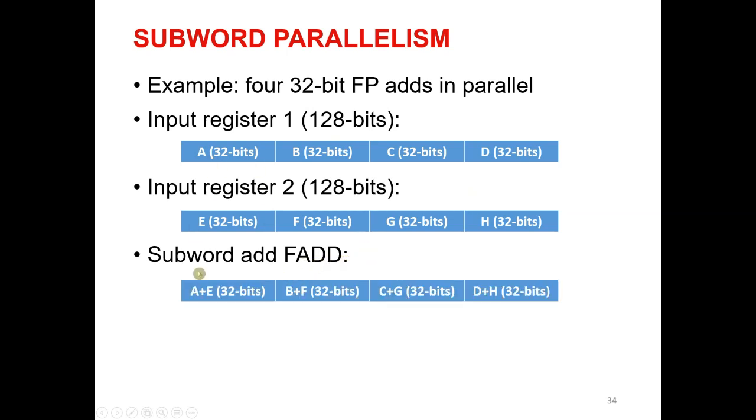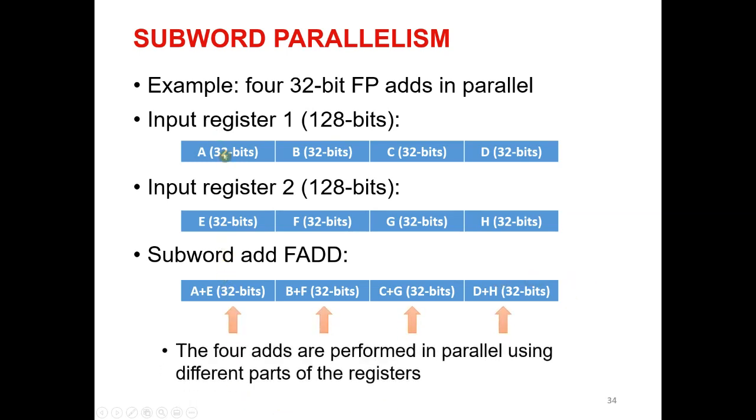And the result will be that in this quadrant here, I will have A plus E. In this quadrant here, B plus F. In this quadrant here, C plus G. And in this quadrant here, D plus H. And the important thing is that all these 4 adds will happen in parallel.